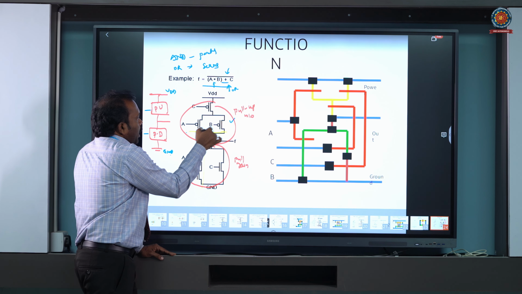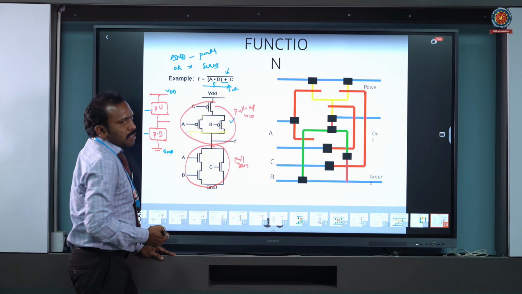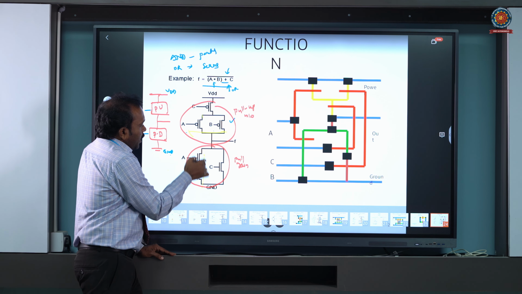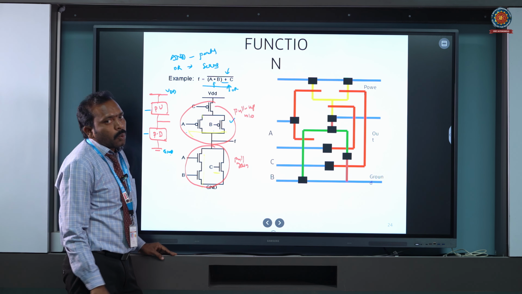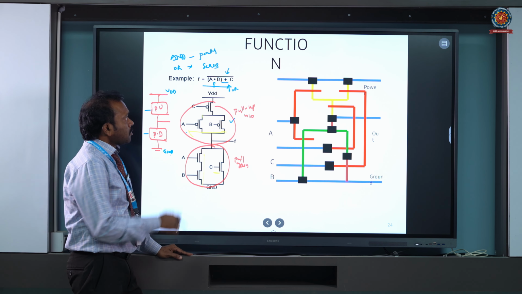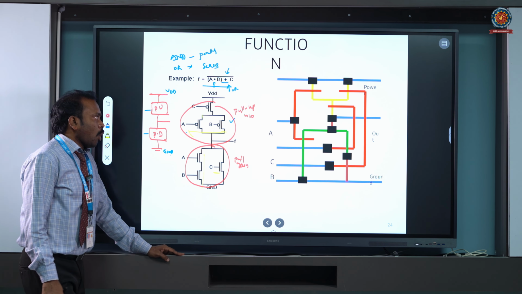But to the parallel combination of AB, the C is connected in series, and to the series combination of AB, the C is connected in parallel. So in this way we draw the pull up and pull down network in case of any CMOS logic.